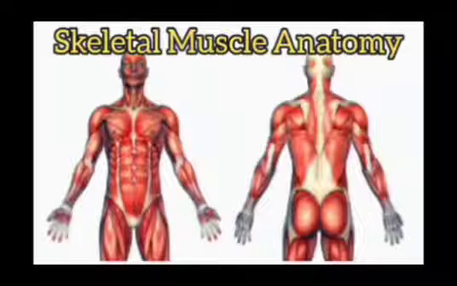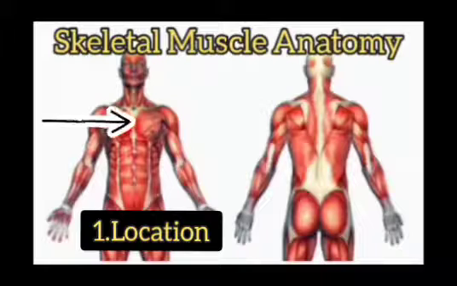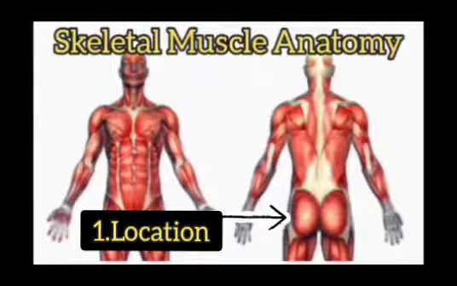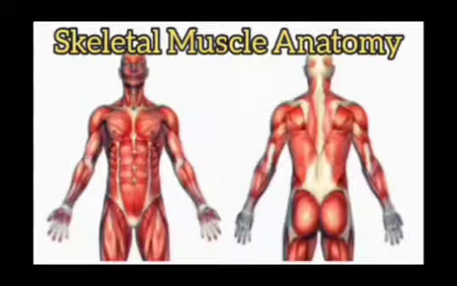So those are the 7 characteristics to name a specific muscle. When we say location, for example, the pectoralis, the chest muscle, is located in the chest. Then a gluteus, the buttocks muscle, is in the buttocks. And the brachial arm muscle is in the arm. So that is location.